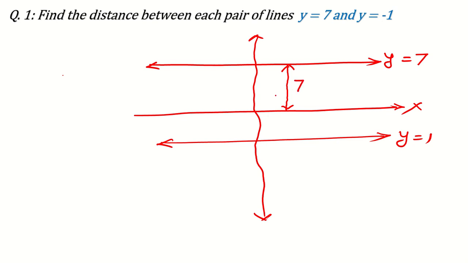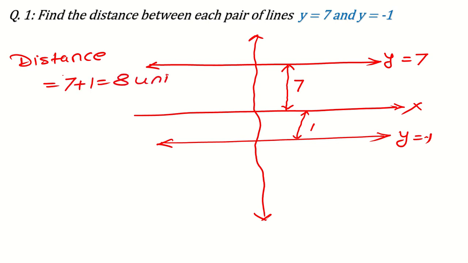It is 7. And distance from the x-axis to y is equal to -1 is what? It is 1. Distance you will not take minus, okay? Distance will always be plus. So the distance between the lines will be equal to 7 plus 1, which means 8 units.